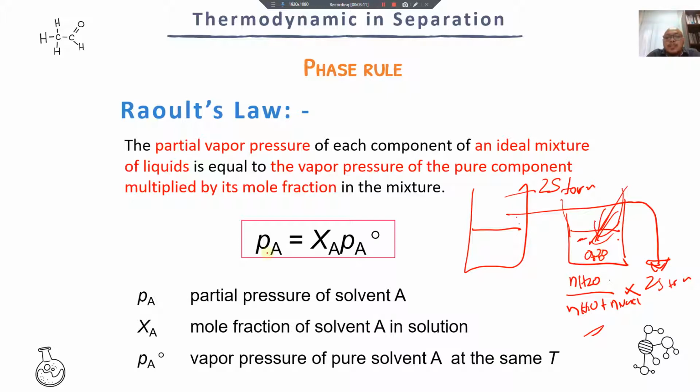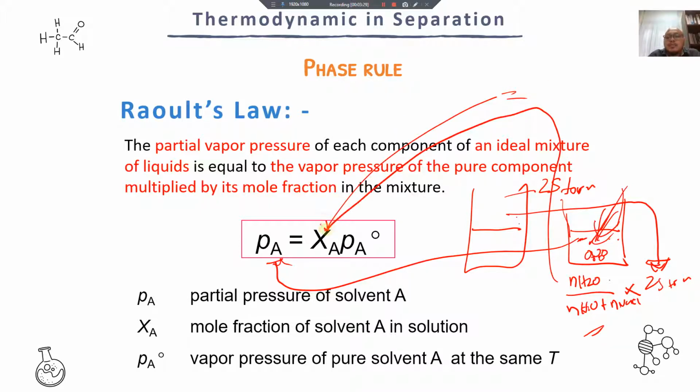Here, PA is the pressure of solvent A, and XA is the mole fraction of solvent A in the solution. XA is equal to what I gave earlier. Sorry, I wrote it too far away. PA naught is the vapor pressure of the pure solvent at the same temperature.